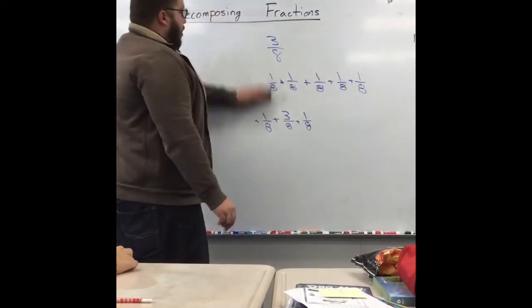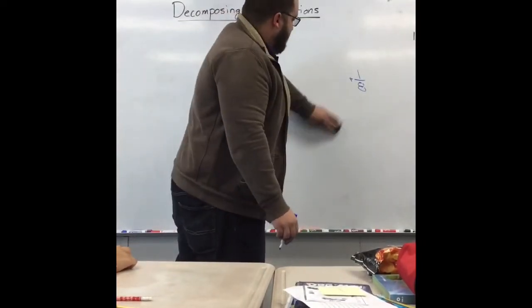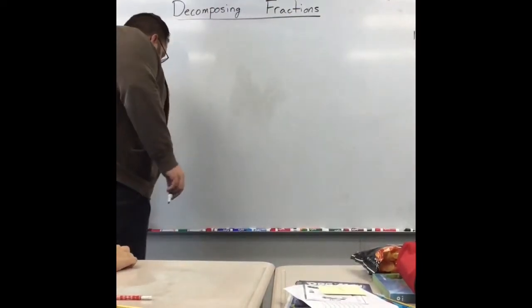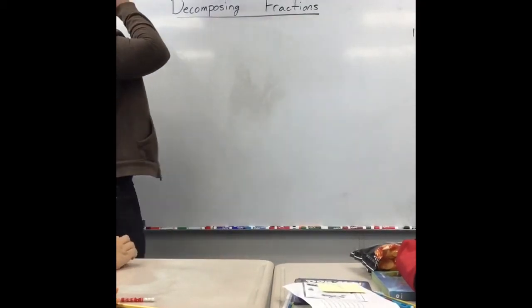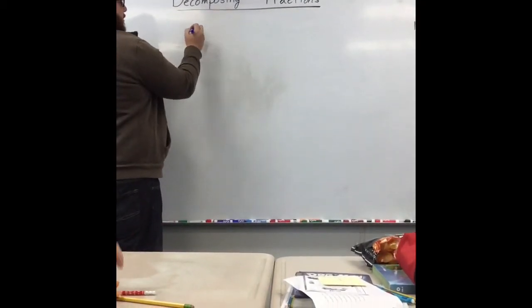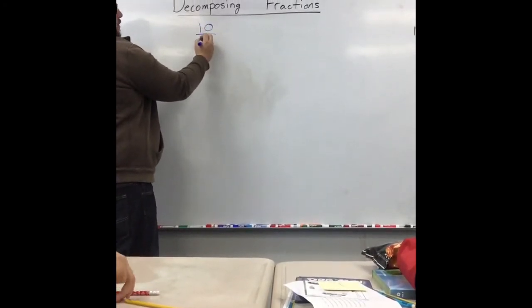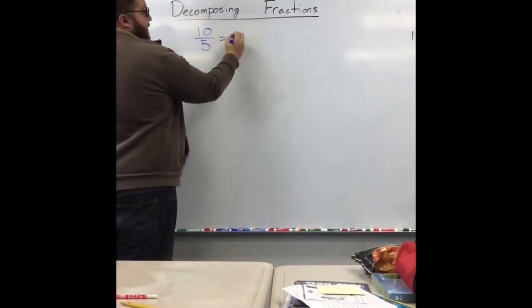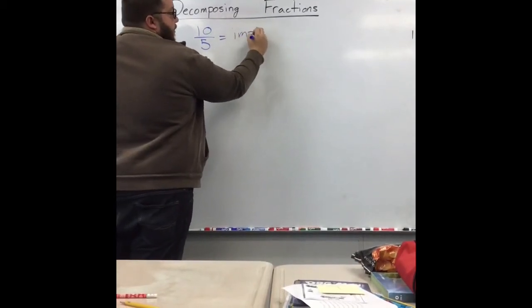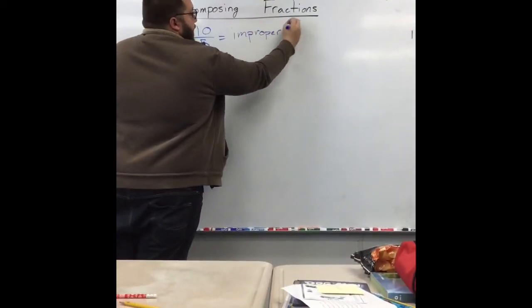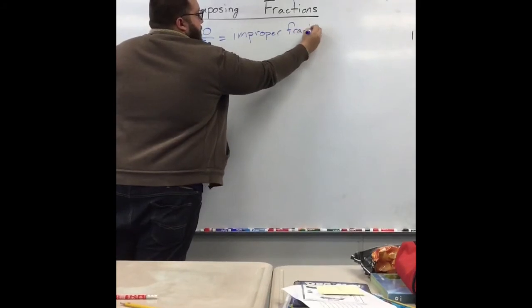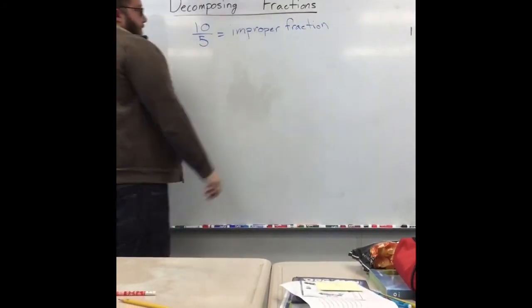Now, there are fractions that don't look like the typical ones, where the numerator is larger than the denominator. So, for example, if I have 10/5, this is called an improper fraction. But I can still decompose it.